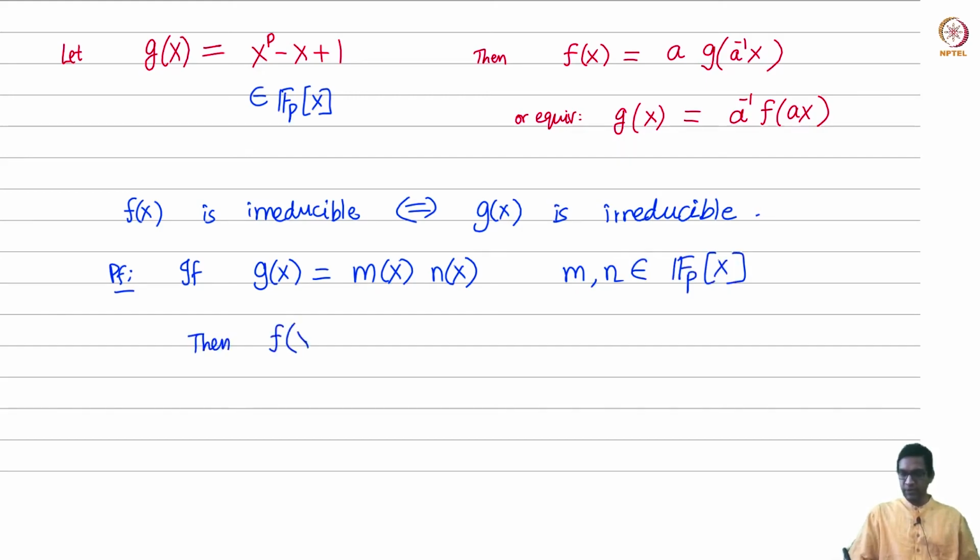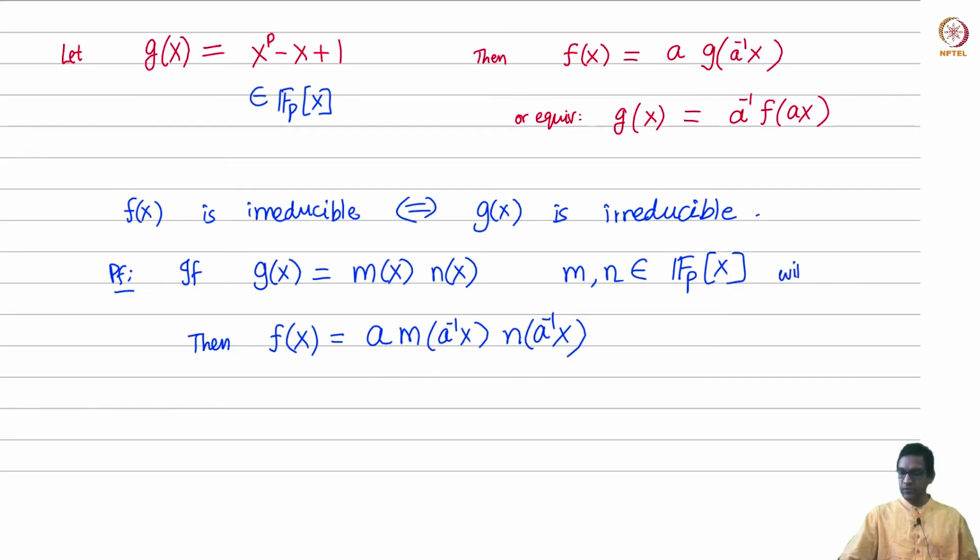How do you get f from g? Well, f of x is just a times g of A inverse x. So it's a times m of A inverse x times n of A inverse x. Okay, now observe that this gives me a way of writing f as a product of two polynomials, because these are also polynomials with coefficients in F_p.